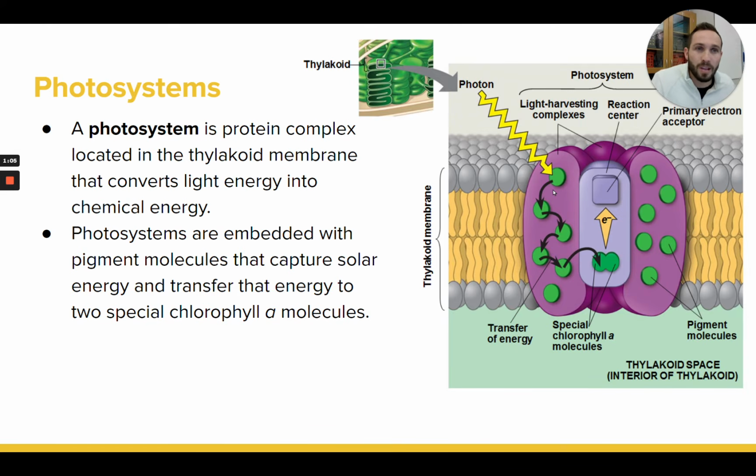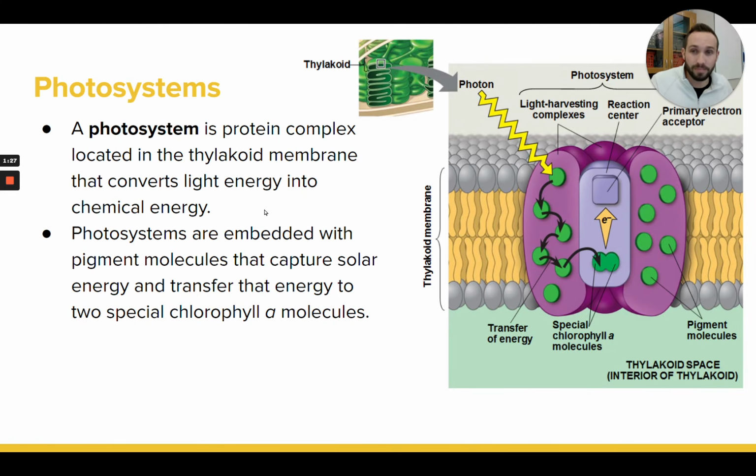A photosystem is a special protein complex that's able to absorb energy from sunlight that's hitting the plant, and then take that energy and convert it into chemical energy that exists in the form of excited electrons that are going to now travel somewhere and make it to different chemical components.